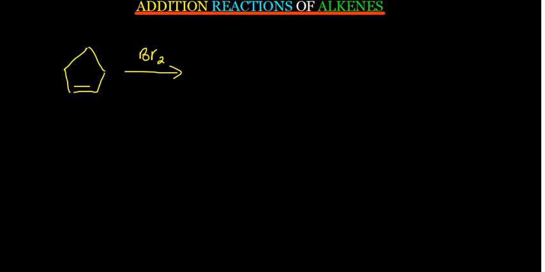So the first thing that happens as a mechanism is that we have this bromine attached to another bromine. So this double bond attacks this, and then the bromine also attacks like that.